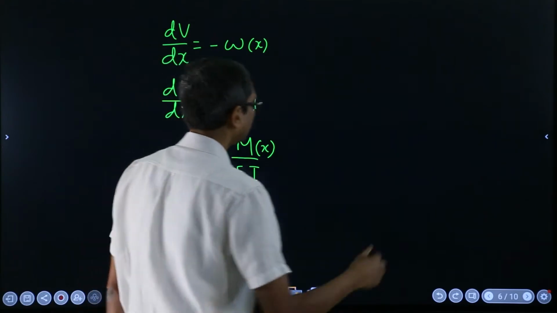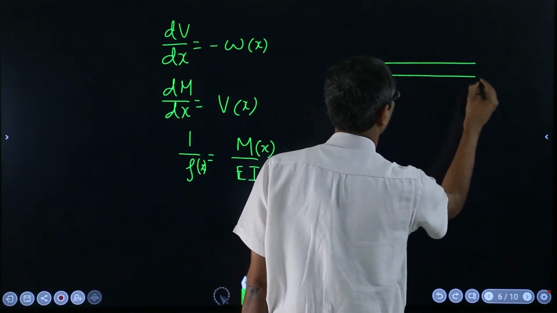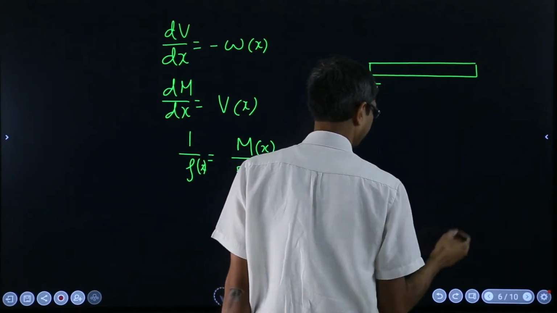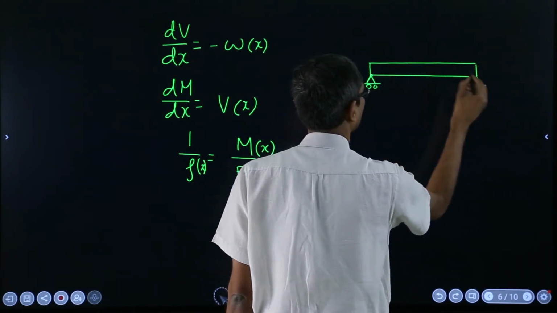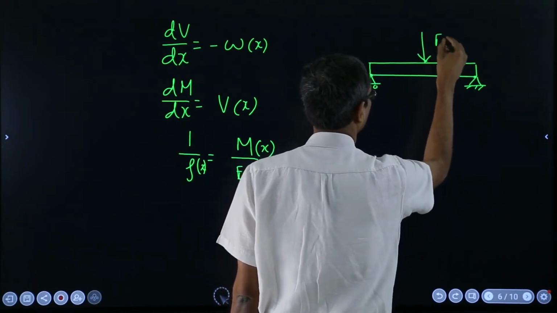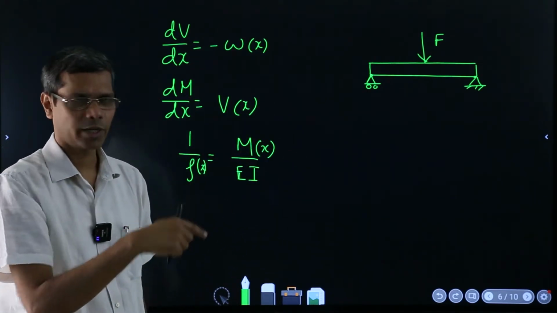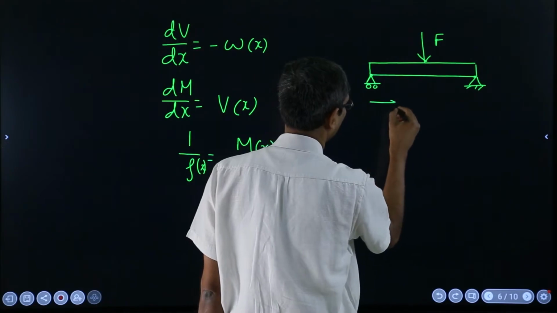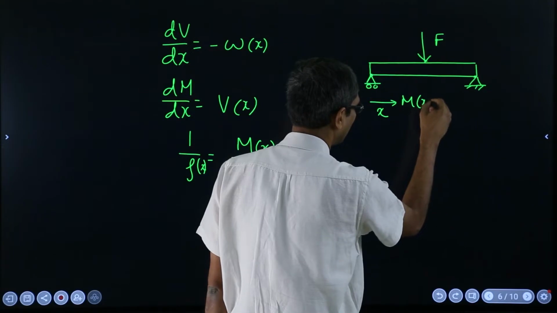So at any location, suppose it's a beam hinged at these 2 points, and you are applying a load like this. It will bend and take a shape, but at any location, say from here at a distance x, M will have some value.